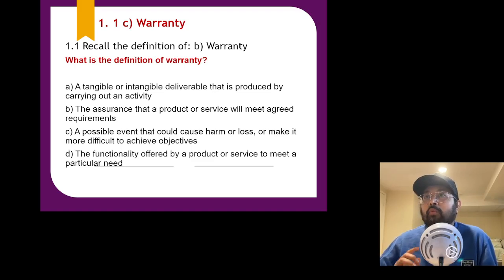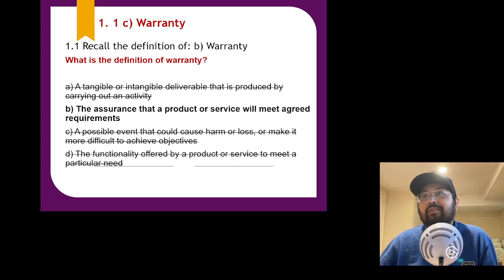So we know warranty is one type of assurance. So let's see in which option we can find the word assurance. We can see in option B the word assurance is here: the assurance that a product or service will meet agreed requirements. Let's see if that is the correct answer. Oh yeah, this is the correct answer. So warranty is the assurance that a product or service will meet agreed requirements.